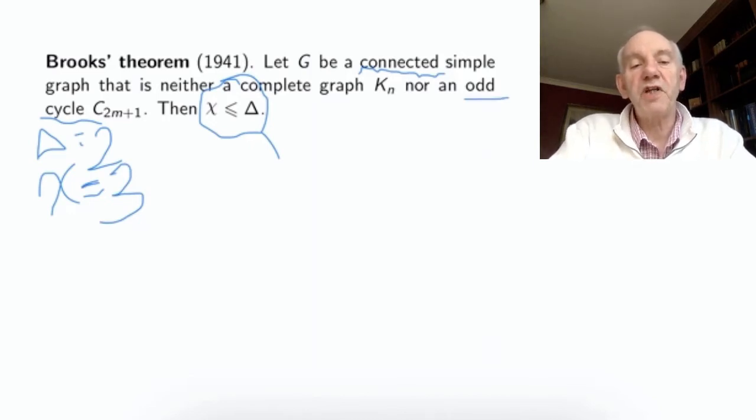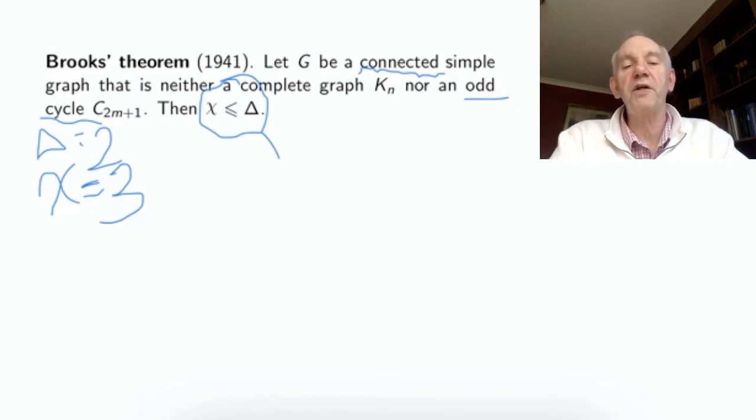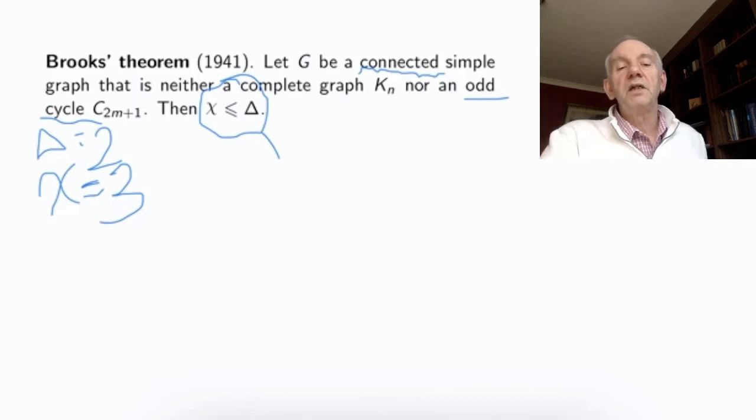So that's Brooks's theorem. It's not too hard to prove, but we're not going to prove it in this course. It's rather complicated. We're going to actually prove a weaker version of Brooks's theorem, much less useful, I have to say. You should certainly know Brooks's theorem, because it tells you that provided the graph you're given is not the complete graph or an odd cycle, you can be certain that its chromatic number is less than or equal to delta.